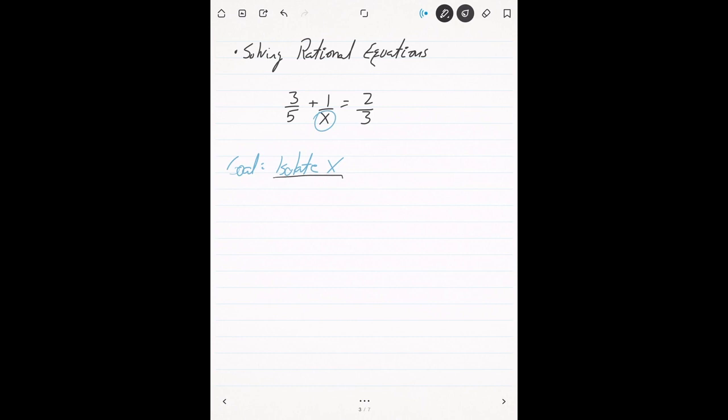But this time we're going to do it differently. We're not going to do it by simply combining fractions together. What I'd like you to do is pause the video and take a minute to see if you can think of any other techniques that we could use for solving an equation that deals with fractions.